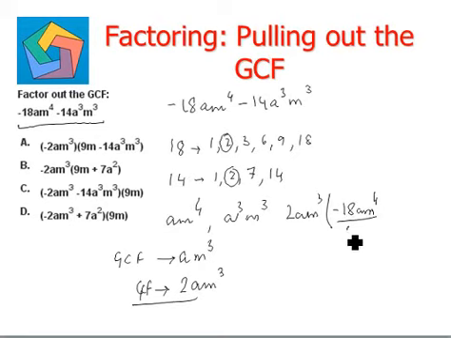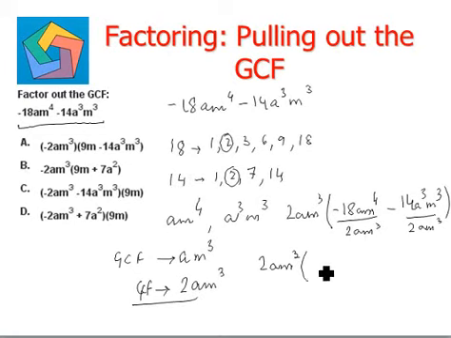Now our method is we put the GCF outside the parentheses and then divide each term by the GCF. That is negative 18am to the power of 4 minus 14a cubed m cubed divided by 2am cubed. Let's simplify. 2am cubed will be outside. Inside we are left with negative 18 divided by 2, which is negative 9. a to the power of 1 divided by a to the power of 1 is a to the power of 0. m to the power of 4 divided by m to the power of 3 is m to the power of 1.